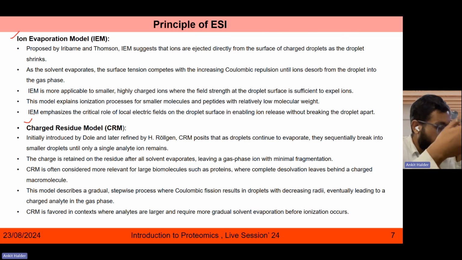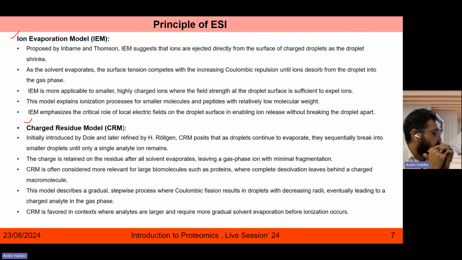The charge is retained on the residue after all the solvent evaporates, leaving a gas phase ion with minimal fragmentation. The charged residue model is often considered more relevant for large molecules such as proteins. Complete dissolution leaves behind the charged macromolecules.